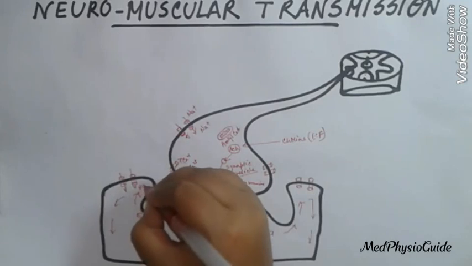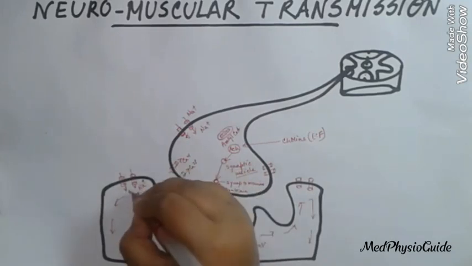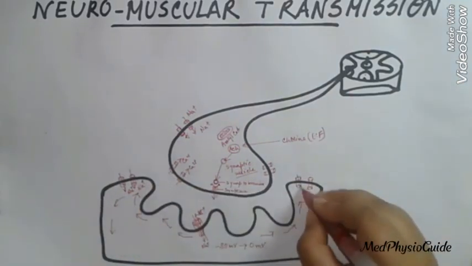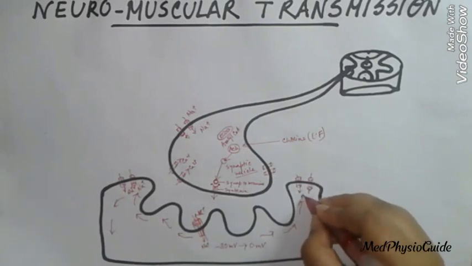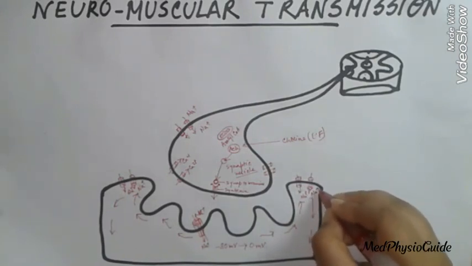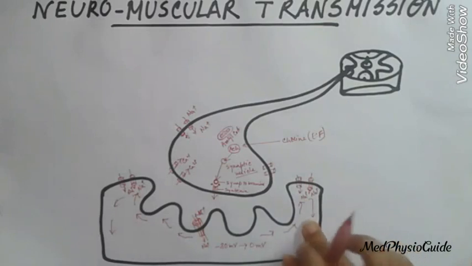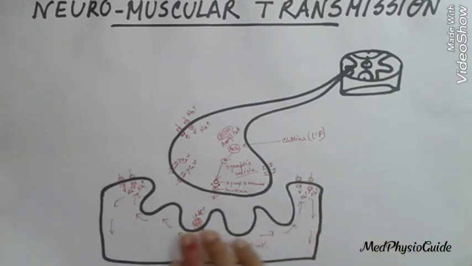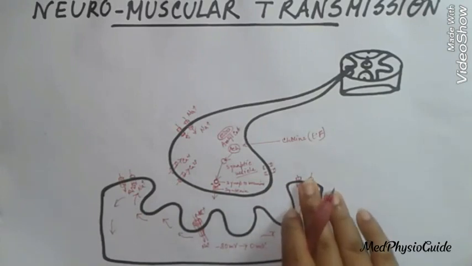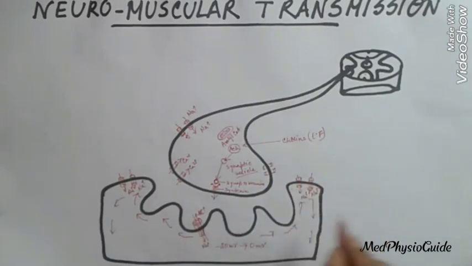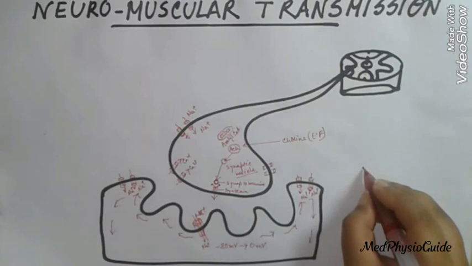And there are even other sodium channels. So when the depolarization goes on the other side, these sodium channels even open up and sodium influx happens, and this process goes on and on, exciting all the sodium channels and depolarizing the muscle as much as possible.